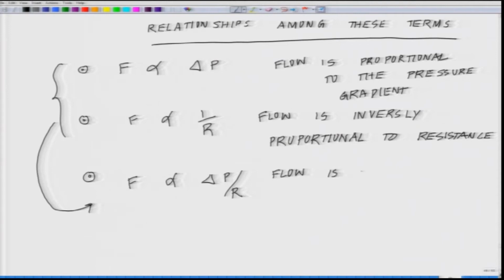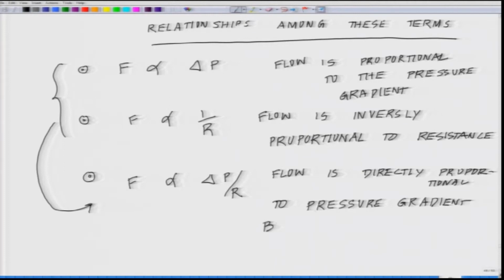Flow is directly proportional to pressure gradient, but inversely proportional to resistance.